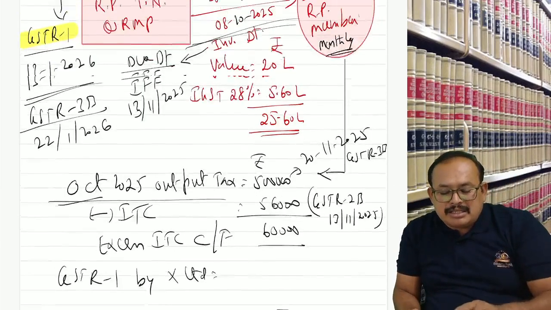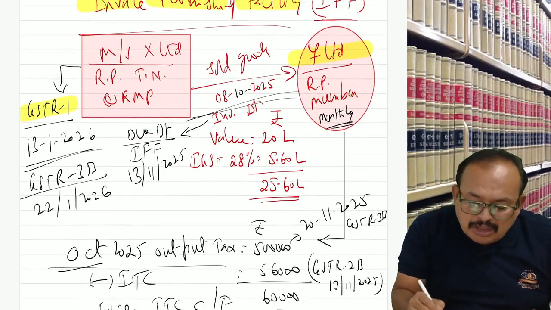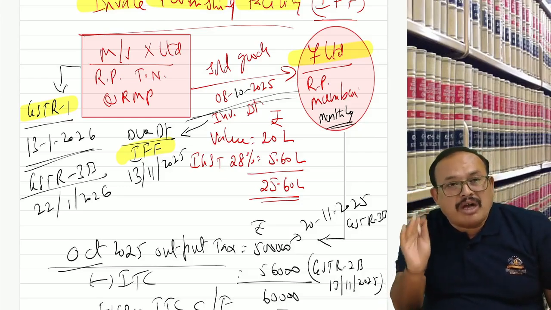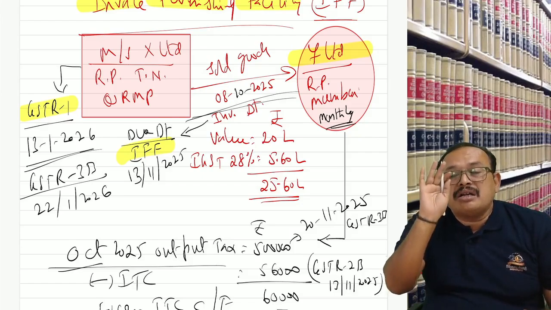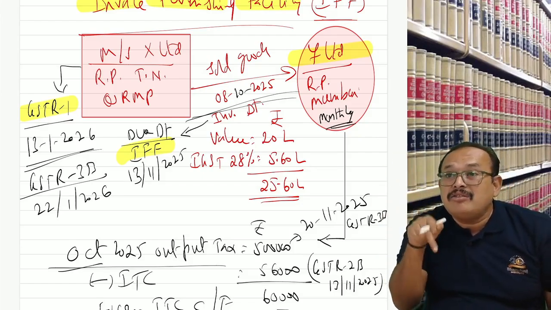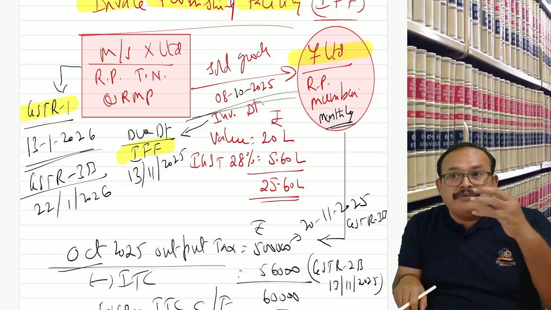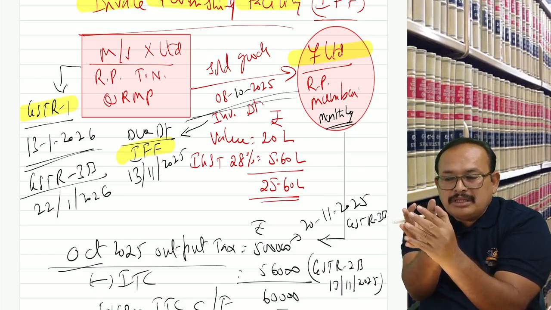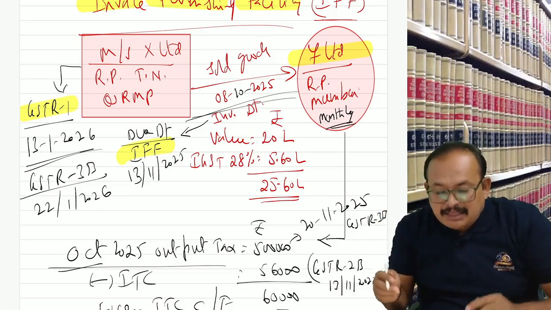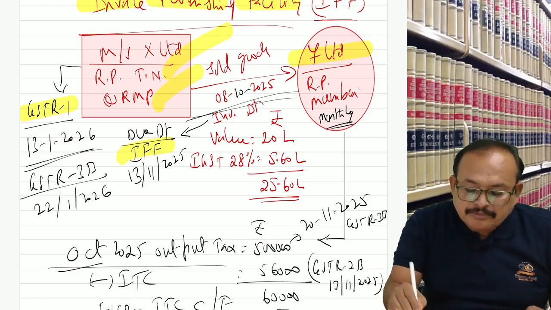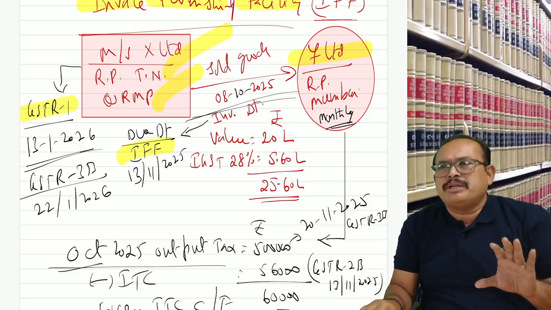Whatever invoices you have shown through IFF, those invoices are not required to be shown again in the GSTR 1 return. IFF invoices plus GSTR 1 both together are the liability in your GSTR 3B. Get the point, sir?